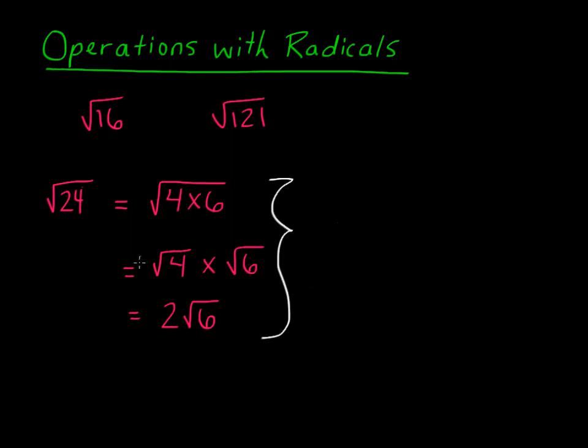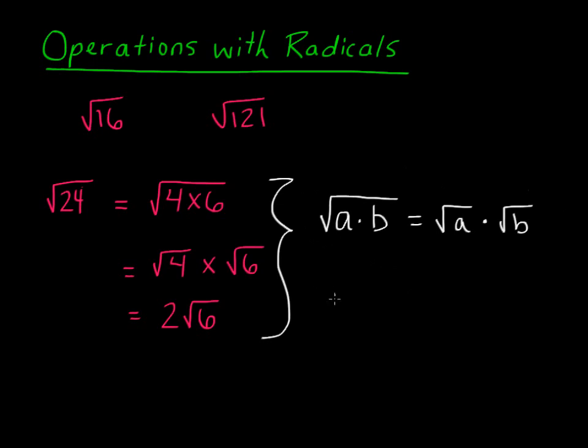So one rule that we applied here was for multiplication of radicals: if we take the square root of a number times another number, so a times b, that would be the same thing as taking the square root of a and multiplying by the square root of b. So that's a multiplication rule for radicals that we're going to use to simplify.